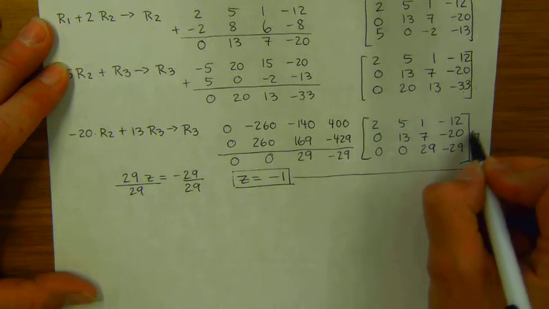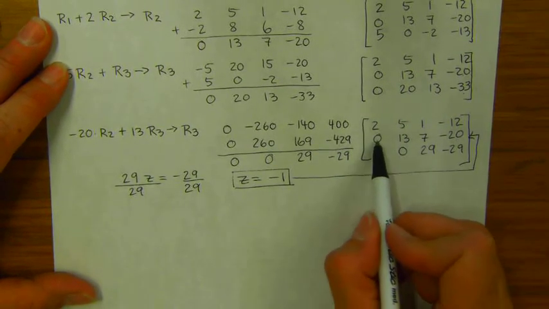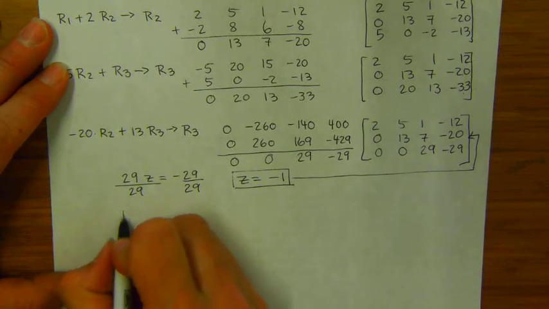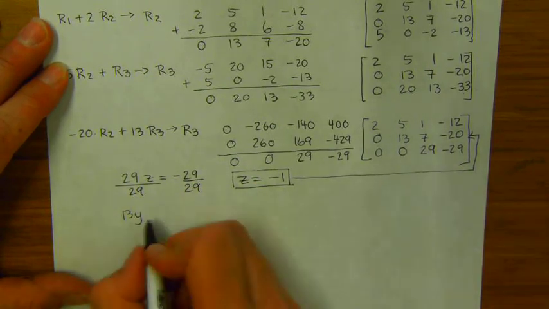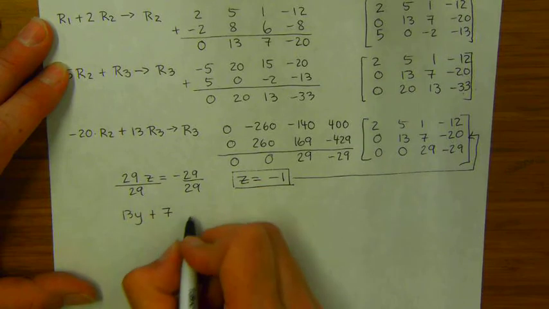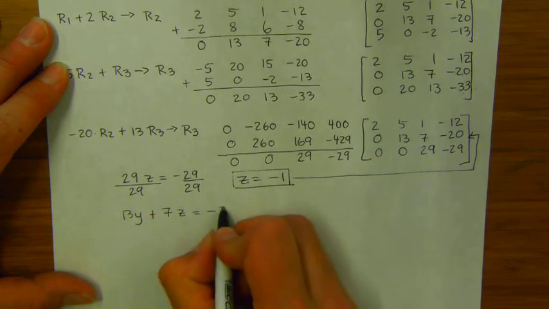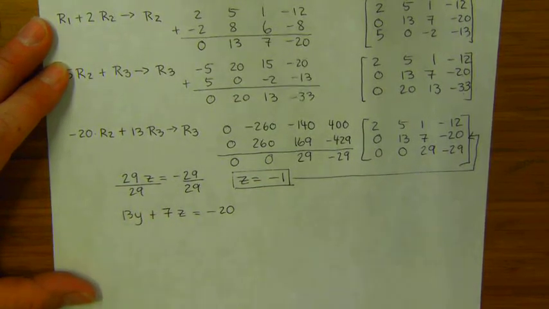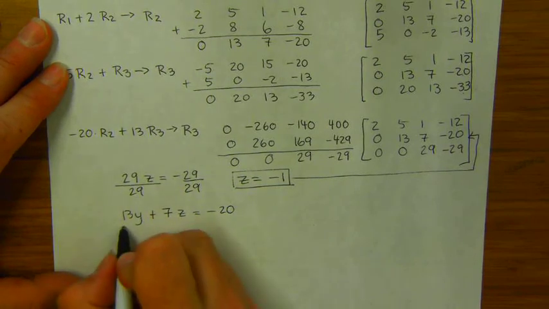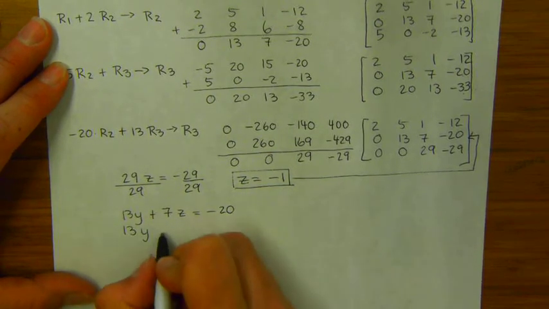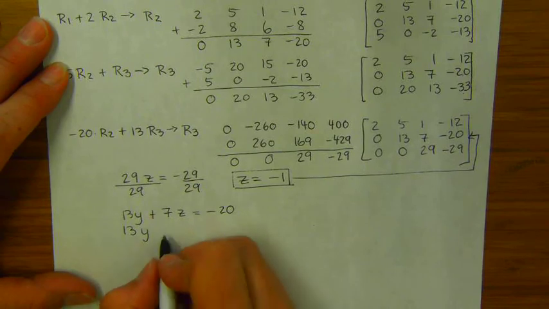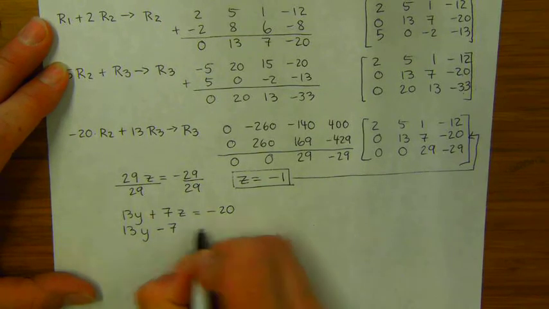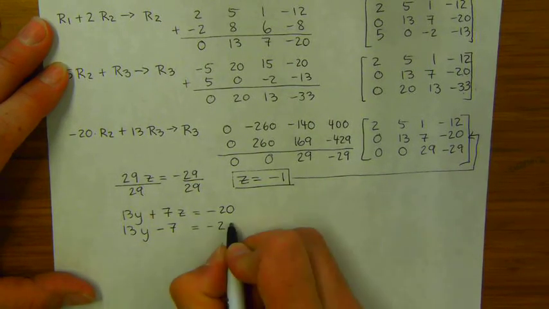So row 2, I have no x, but I have 13y plus 7z is equal to negative 20. Well, my z is equal to negative 1, so I have 13y plus 7 times negative 1, which is minus 7, is equal to negative 20.